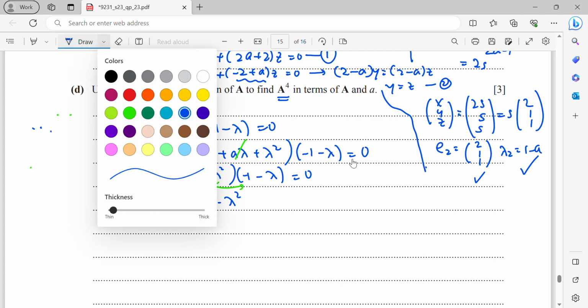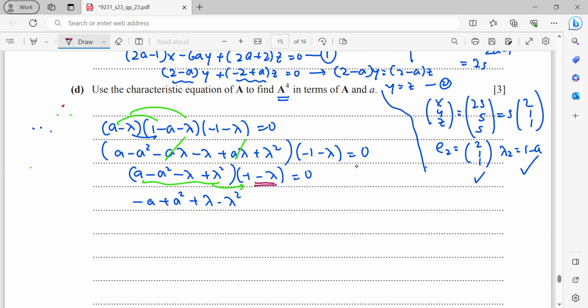Then next, you multiply with minus lambda all these terms. So I will get minus A lambda plus A squared lambda plus lambda squared minus lambda cubed equals 0.